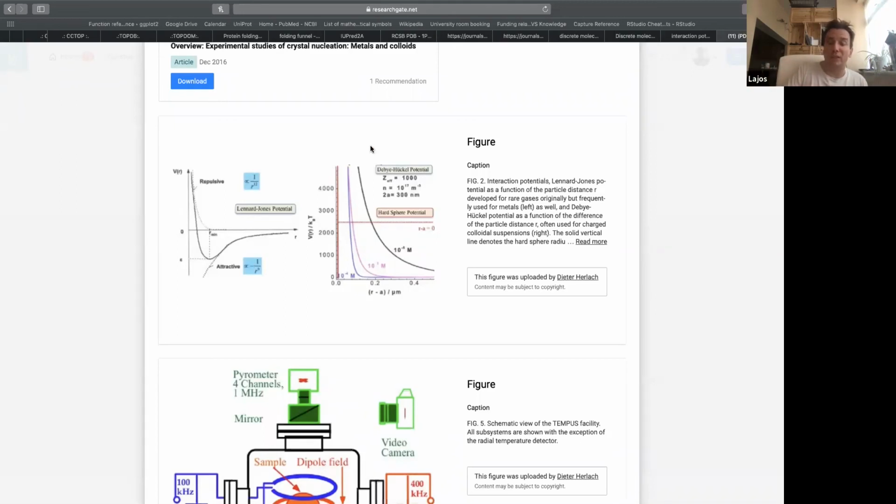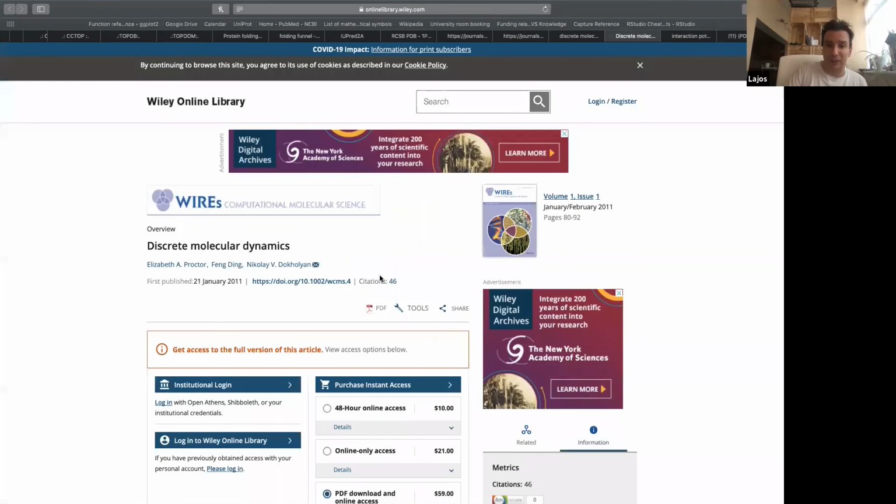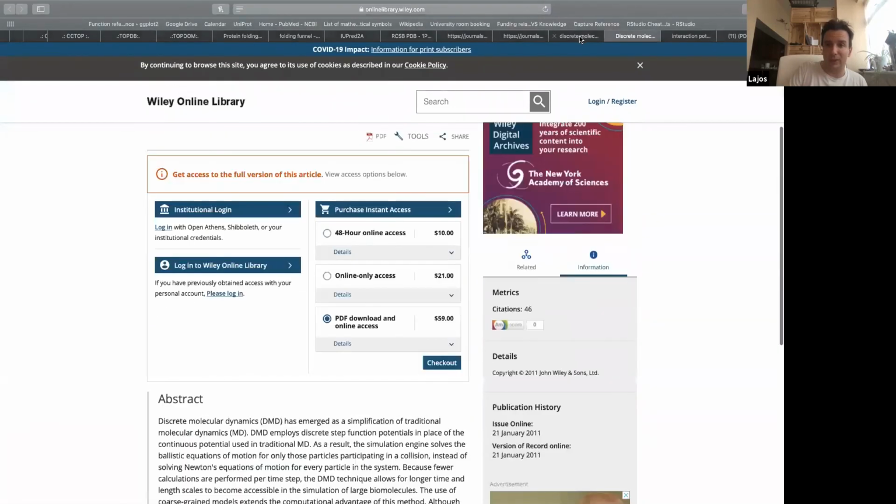Not all the carbons and all the oxygens or nitrogens will interact with other atoms. That's the coarse grain. But in the discrete molecular dynamics, you simplify this curve, and this is how it looked like.